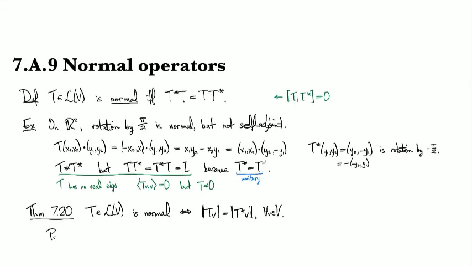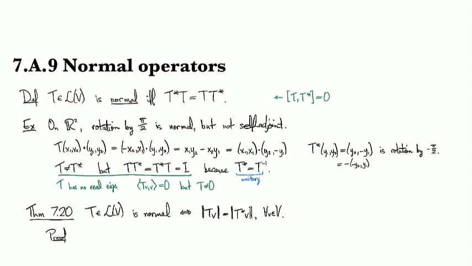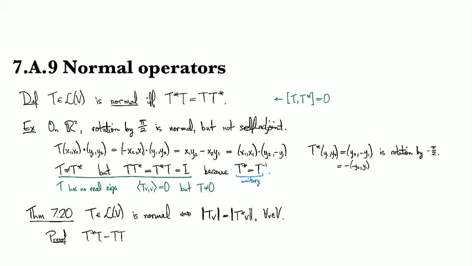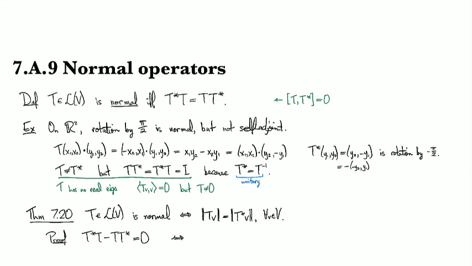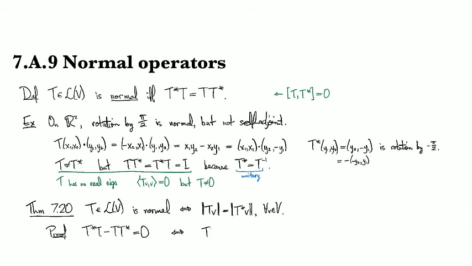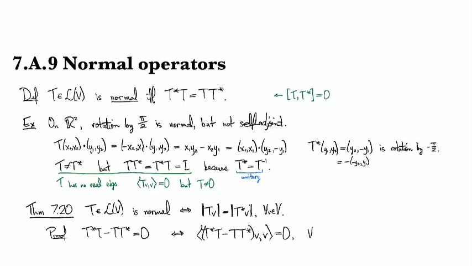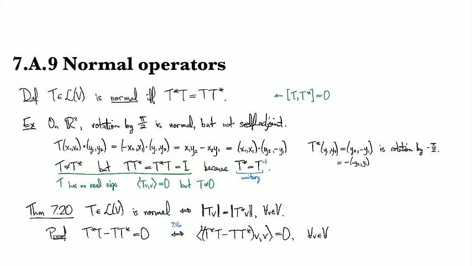So let's see. We're going to do both directions simultaneously of the if and only if. If we start off with T star T minus TT star being equal to 0, this is true if and only if <(T star T minus TT star)v, v> is equal to 0 for all elements v, and that's by 7.16.